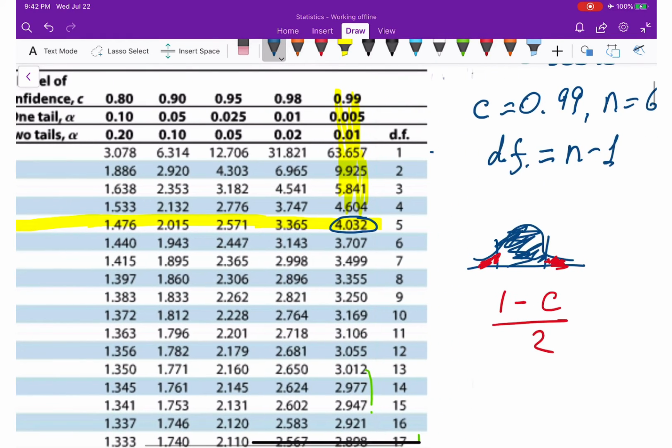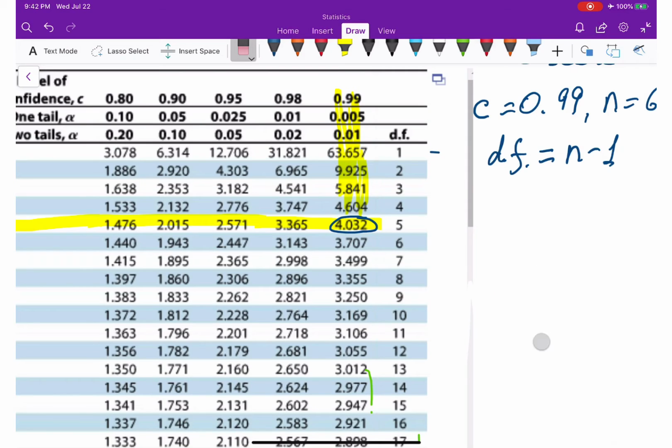So T critical in this case is going to be 4.032.